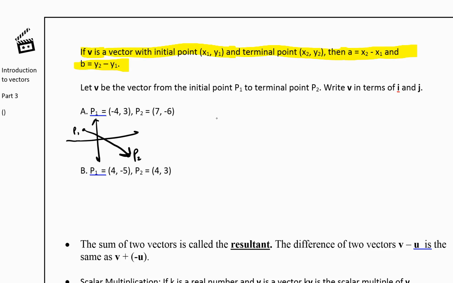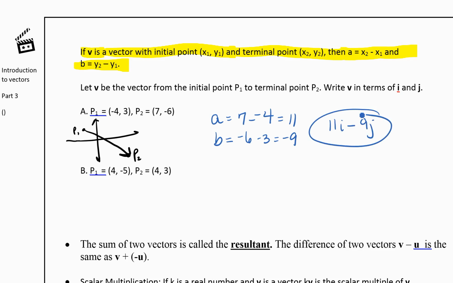So here our a will be 7 minus -4, so this will be 11, and our b will be -6 minus 3, so -9. So this would be the vector 11i minus 9j.